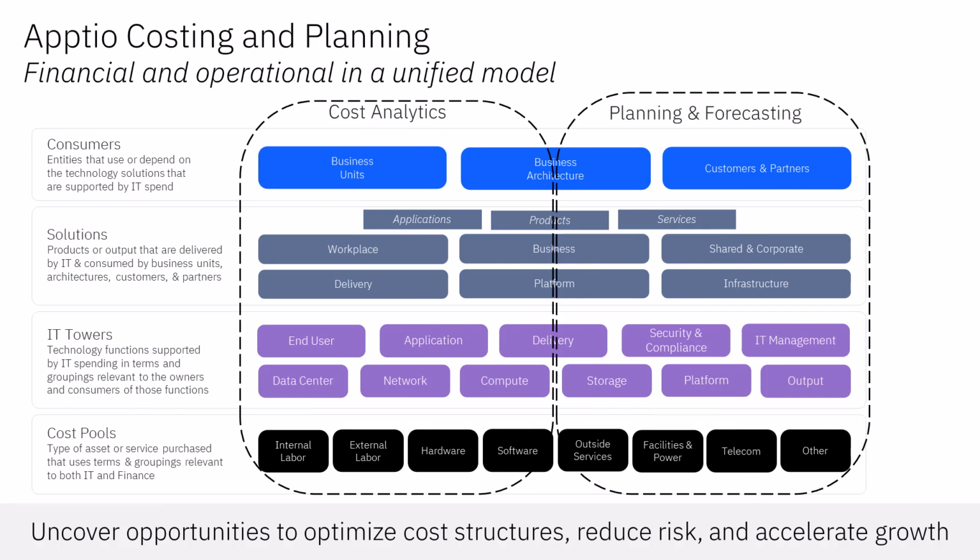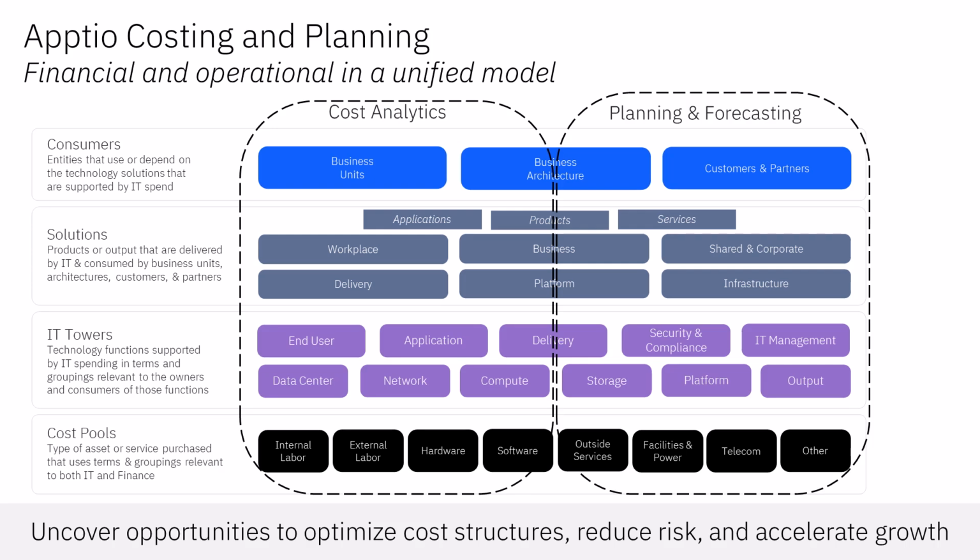Apptio Costing and Planning unlocks resources to accelerate business strategies by streamlining applications and operations. It unifies financial and operational data into an industry-standard taxonomy of cost categories and hierarchies. So Apptio Costing and Planning is most easily understood in the context of the TBM or Technology Business Management taxonomy.